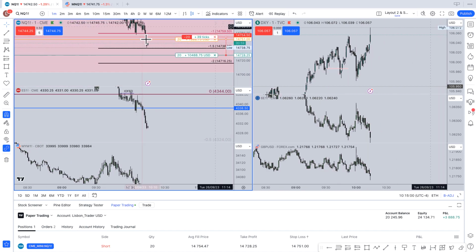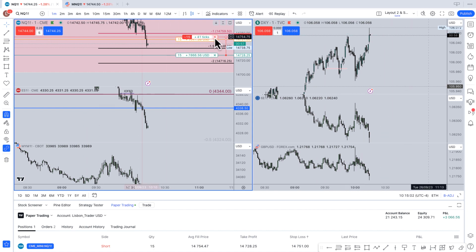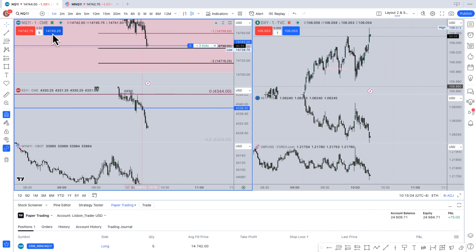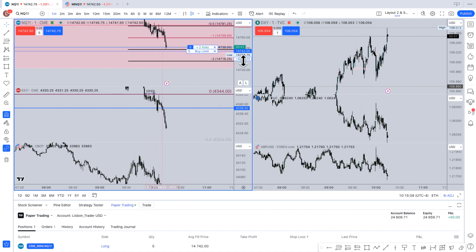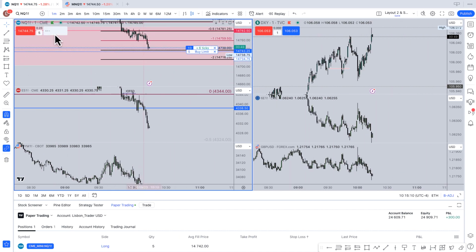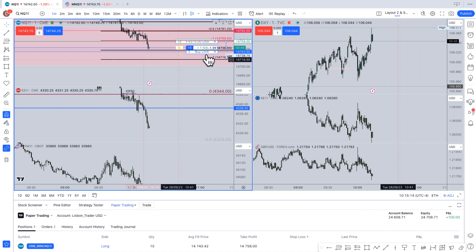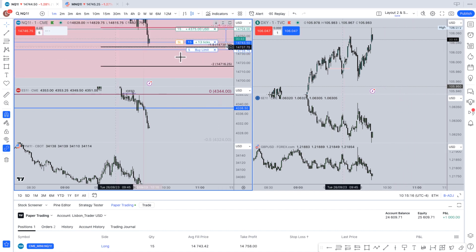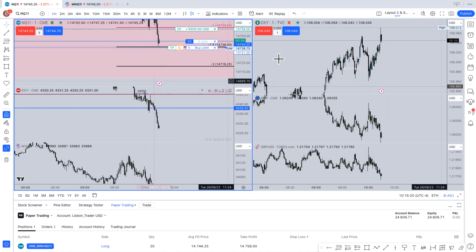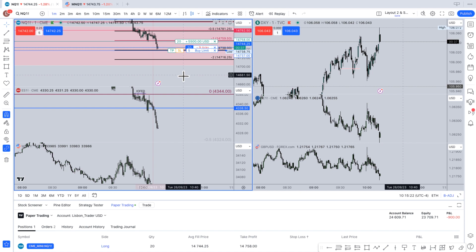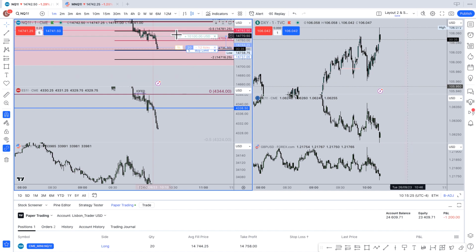But this might go higher now. So start buying at this level. Might revisit the premium before going lower.